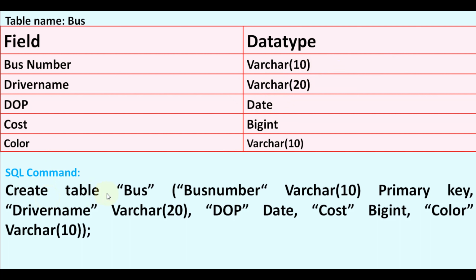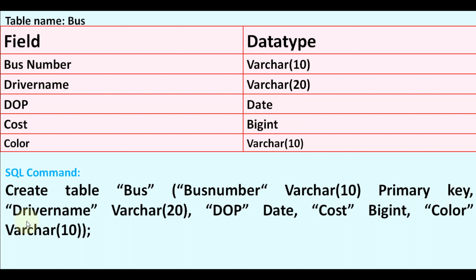Thereafter table is coming. After that next is bus, because we are creating table bus, and thereafter first column details bus number, its data type is varchar, length 10 is given, and here bus number actually is unique for each bus. So that's why I am going to consider this column as a primary key. So this bus number column here is mentioned as primary key.